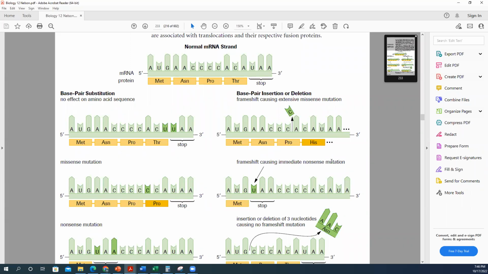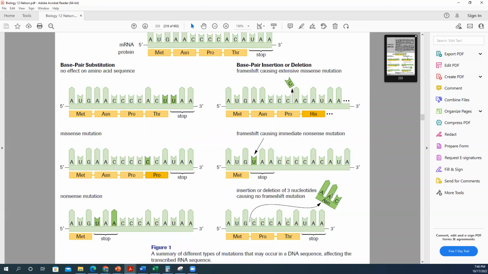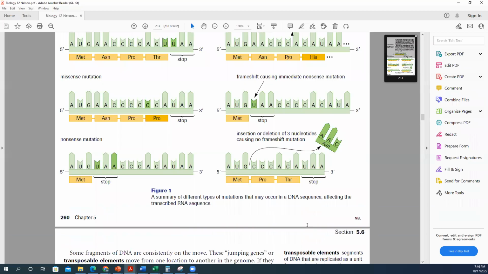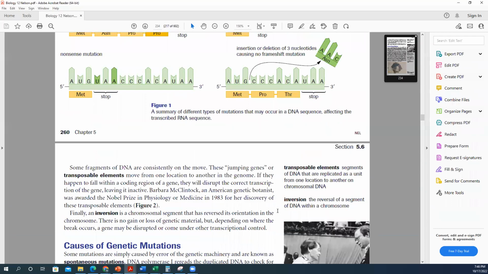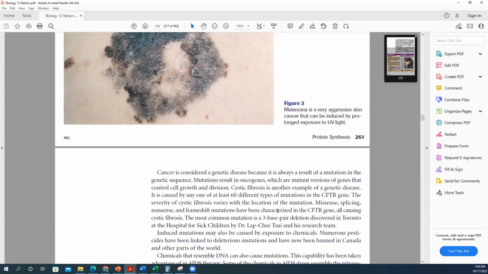And sometimes the mutation of the DNA can involve larger groups, larger stretches of the nucleotide. In this case, we call it a translocation, or an insertion, or a deletion, or an inversion, where you can have big chunks. Let me see if they have pictures of it here.